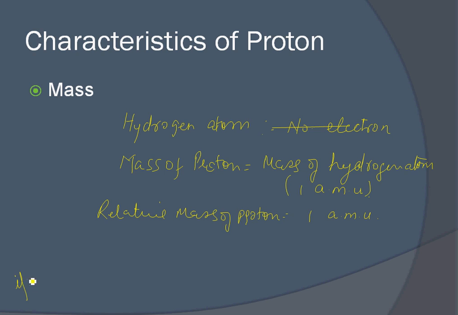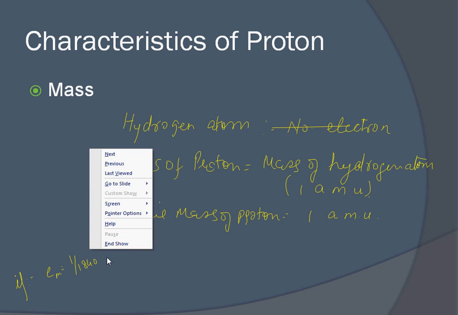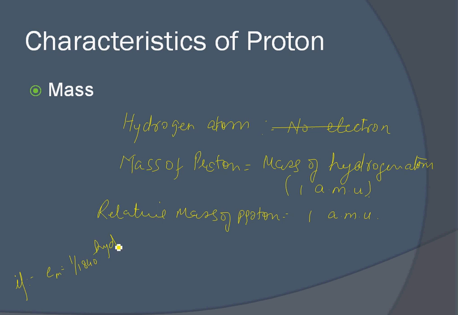In the last session we have seen that the mass of the electron is 1 by 1840 times that of the hydrogen atom. So here we can understand now that the mass of the proton is 1840 times the mass of the electron.